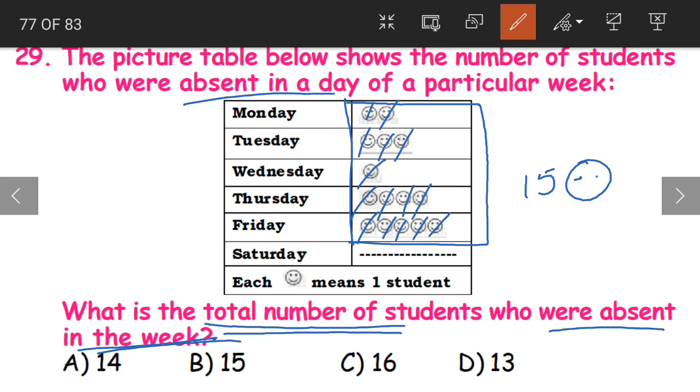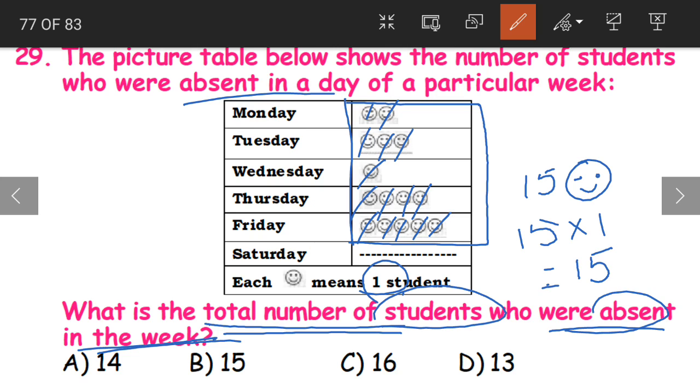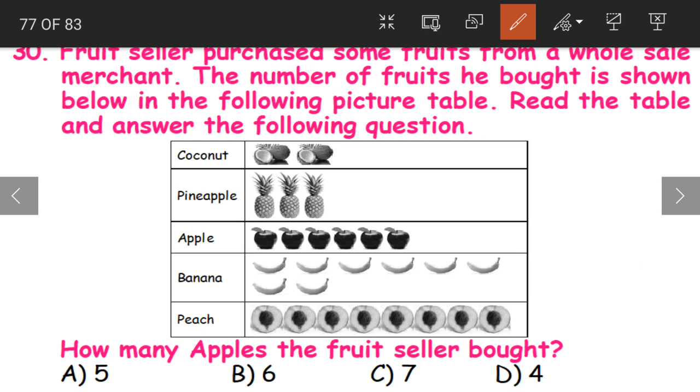We have 15 smileys here. Now each smiley means how much, children? 1 student. So 15 into 1 is equal to 15. The total number of students absent in the entire week was 15. That is our option B.